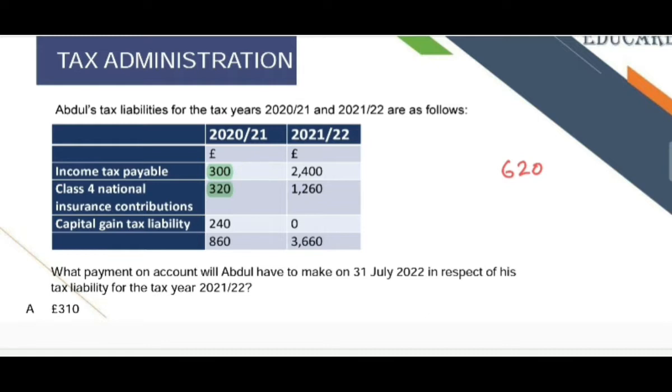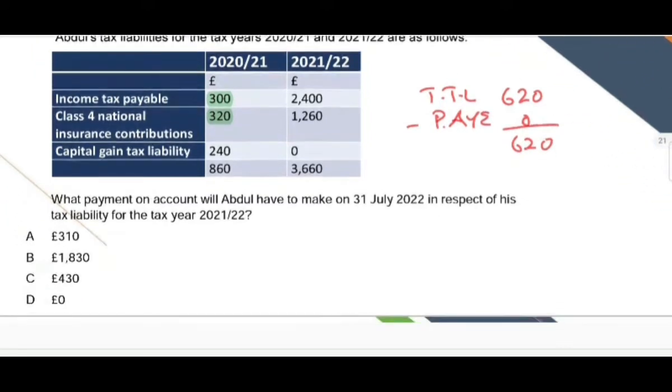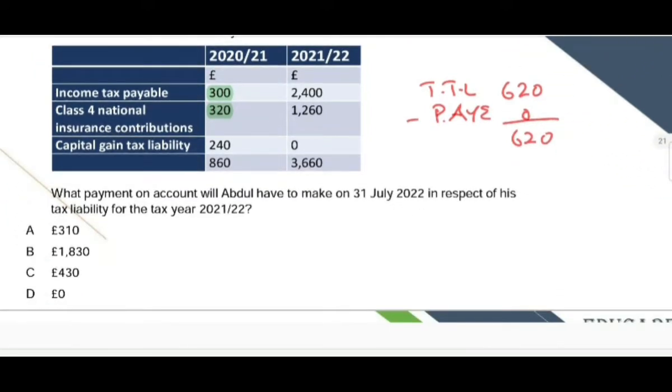There is no amount paid under the Pay As You Earn system, so total tax liability minus Pay As You Earn, 620 minus 0, is equal to 620, and 620 is less than 1000, so no payments on account are required, and on 31st July 22 no amount of tax liability is payable.